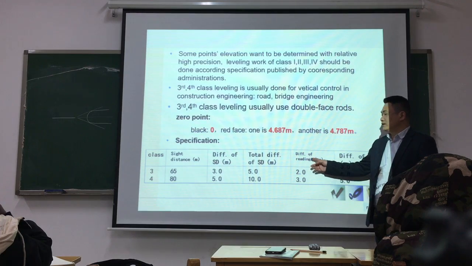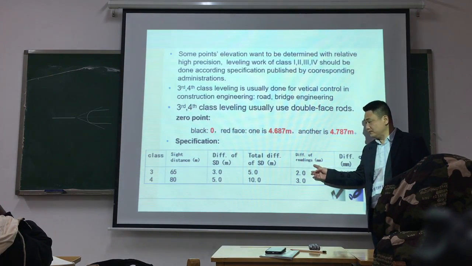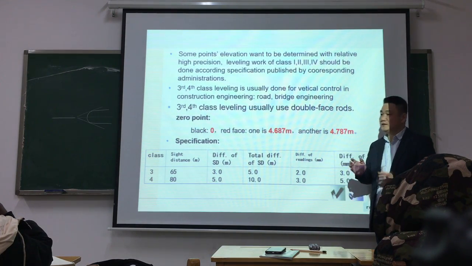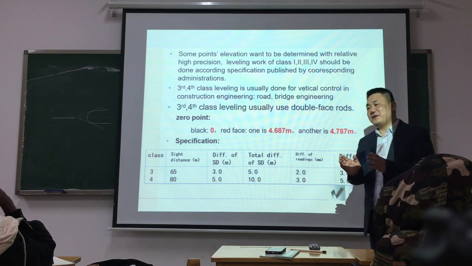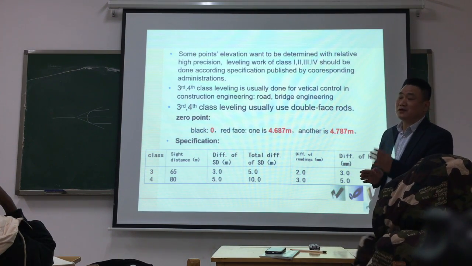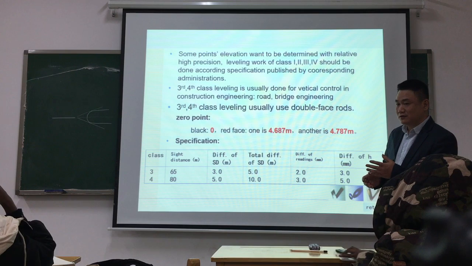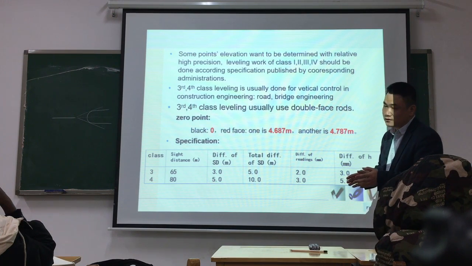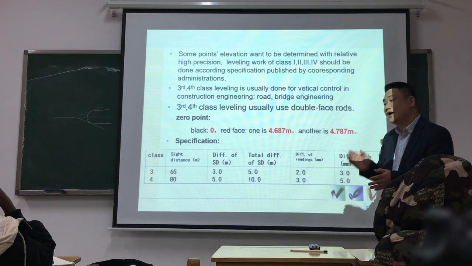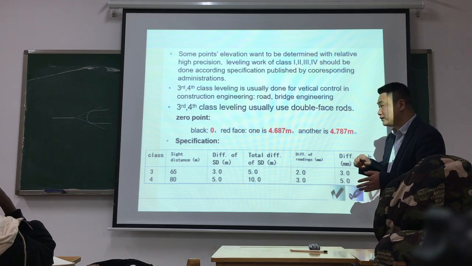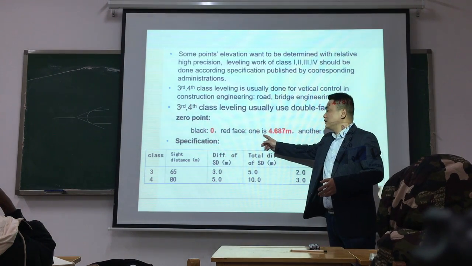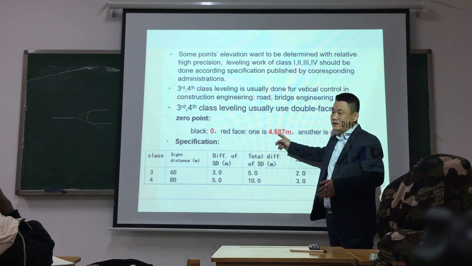And the difference of readings. For the backside, we have the black face and the red face. In theory, the red face reading should equal the black face reading plus the rod zero point reading.